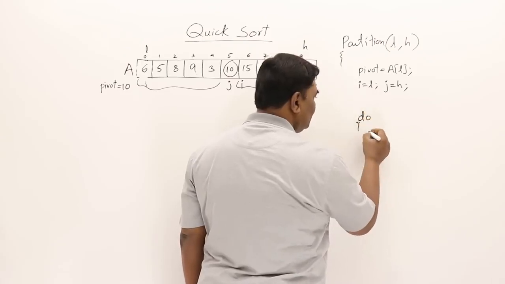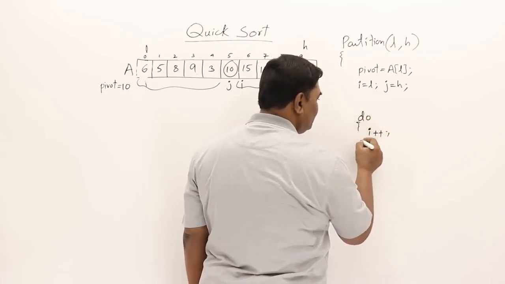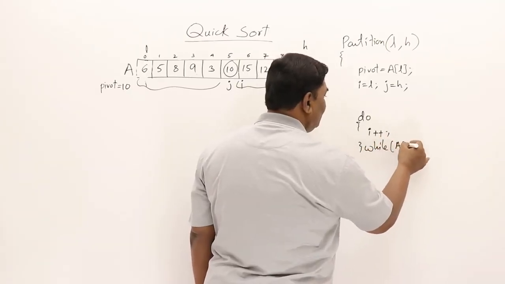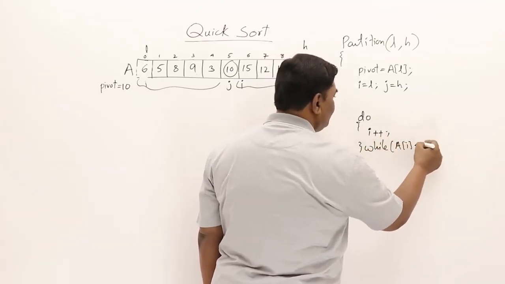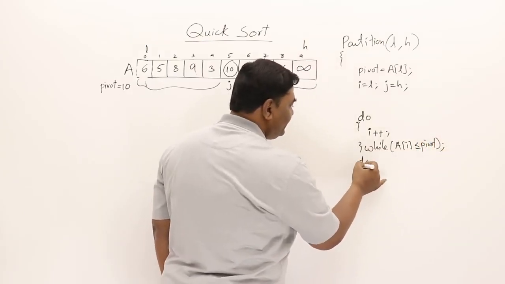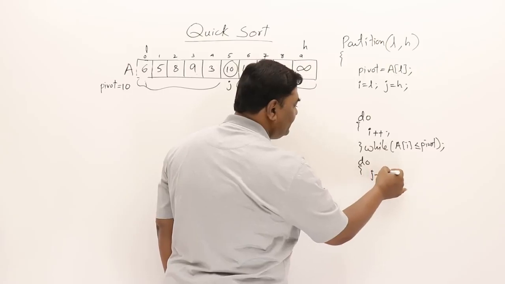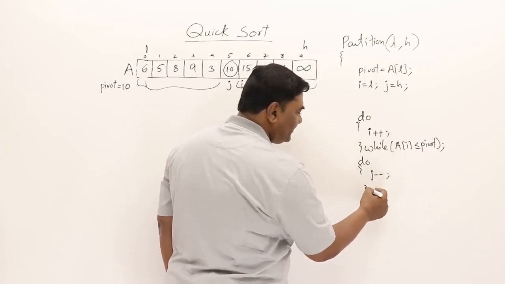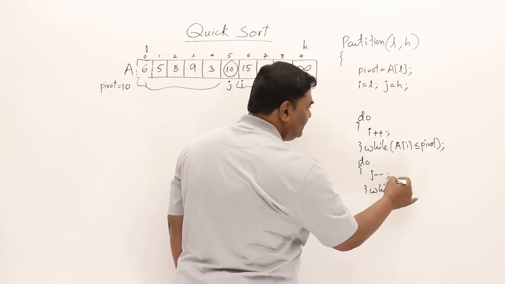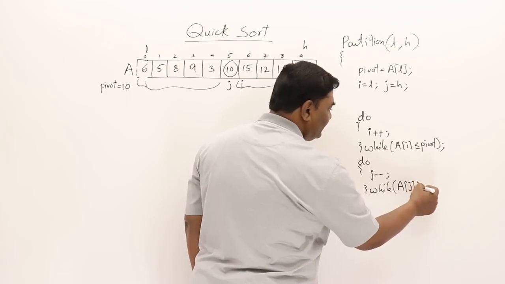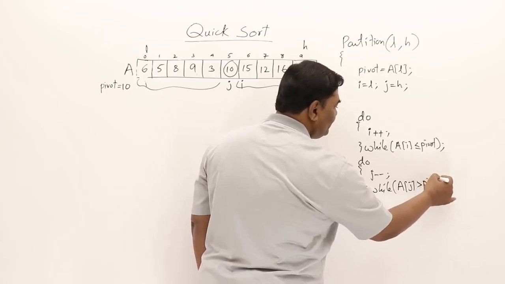Do i plus plus while A of i is less than or equal to pivot. And similarly, decrement j until you get an element smaller than or equal to the pivot, while A of j is greater than pivot.